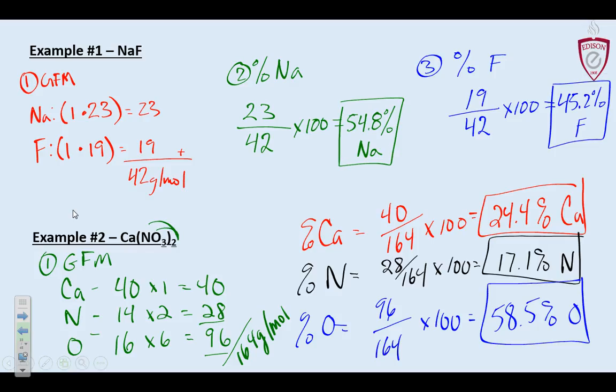You might think calcium because it's 40, the heaviest element. But when you do the math, since there are 6 oxygens, 6 times 16 is 96. That's more than double the mass of the compound from just the oxygen.